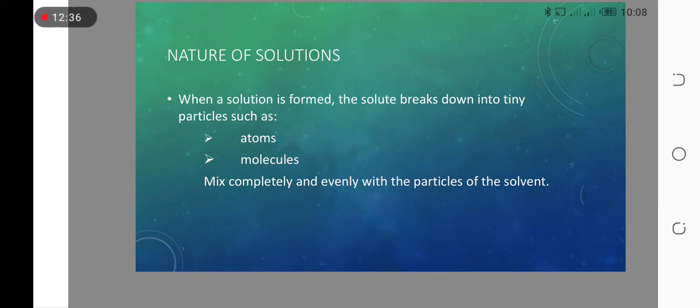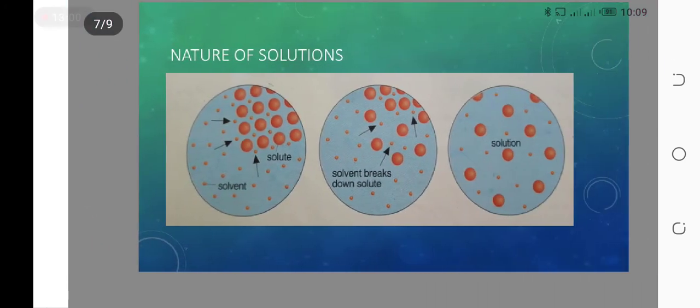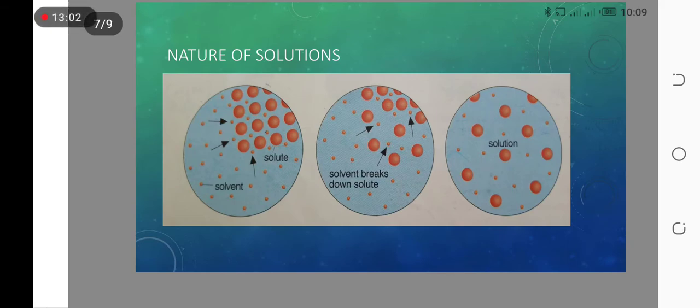When a solution is formed, the solute breaks down into tiny particles such as atoms or molecules that can mix completely and evenly with the particles of the solvent. This explanation can be observed using this diagram. In the first diagram, you can see that solvent particles are there and we have put some solute into the solvent.